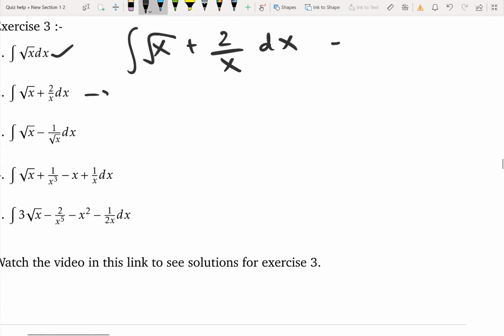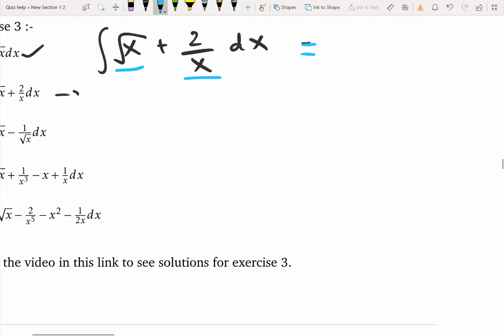Now how I'm going to do this is I'm going to integrate these two separately using integration properties. When you have addition of two functions, you can integrate them separately and add. So now the integral of square root of x is x to the power half, right?